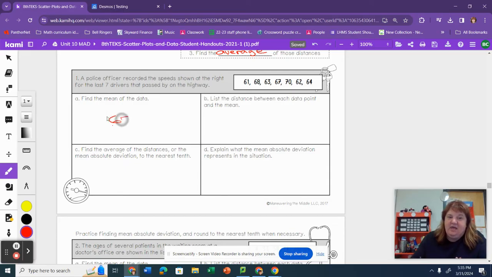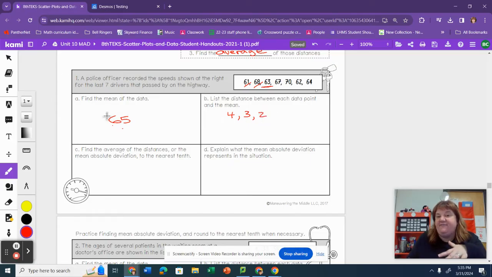Then you list the distance between each point and the mean. So how far is 65 from 61? Well, it's 4. How far is 65 from 68? It's 3. So we're going to get a whole new set of data to find the mean of. How far is 65 from 63? It's 2.